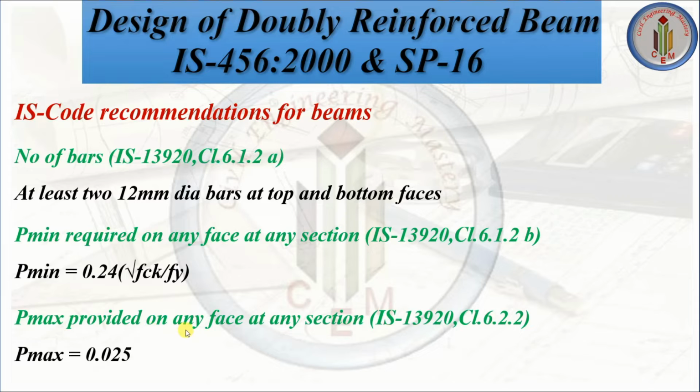And the maximum percentage provided on any face at any section, also as per IS 13920, is 0.025. So this is the maximum we can provide, which comes to around 2.5 percent.